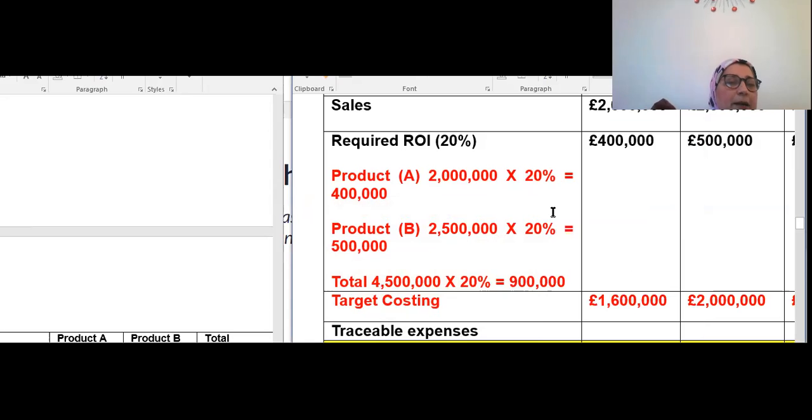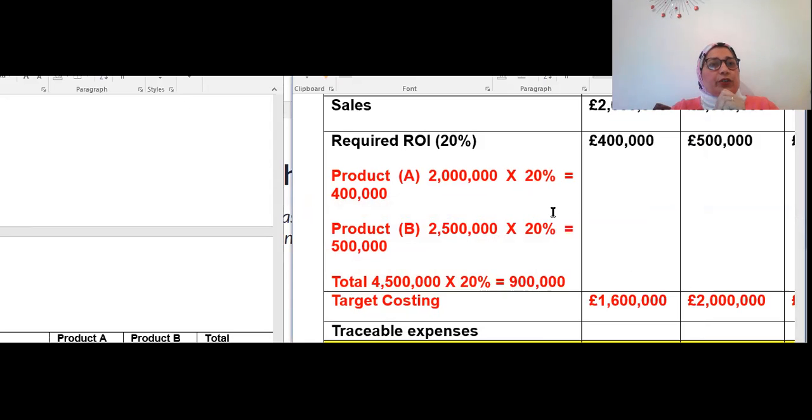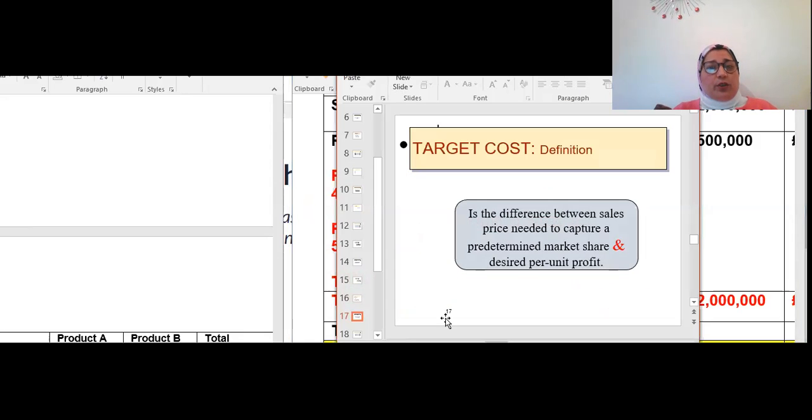This is what we mean by target costing. So when any company calculates the target costing, that means they put sales and they put the required rate of return from sales, and the difference between the figures, this will be the target costing. I hope this makes more sense now. To be very honest, I never ever memorize any information, any terminology, or any concept.